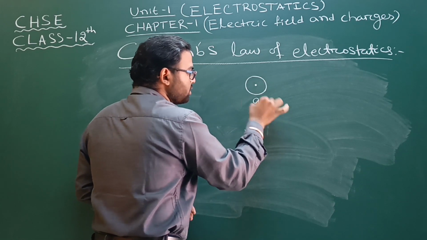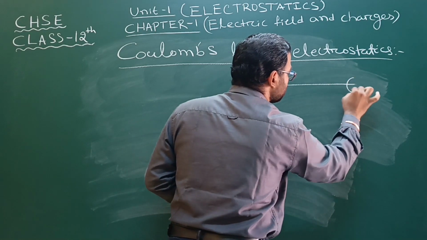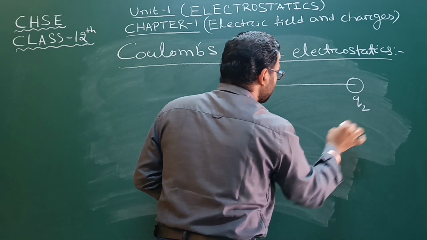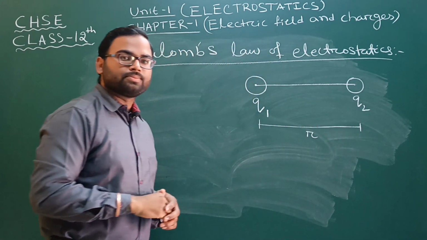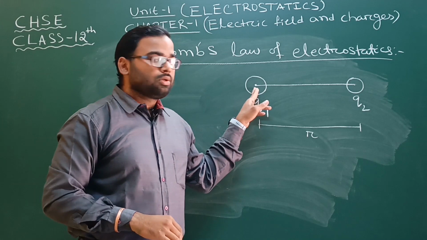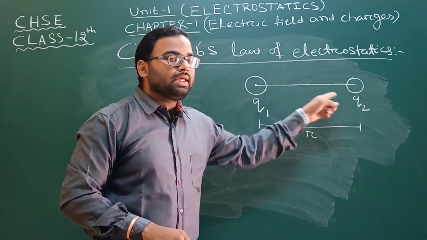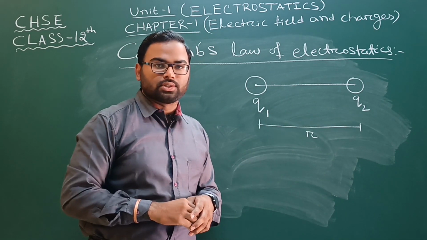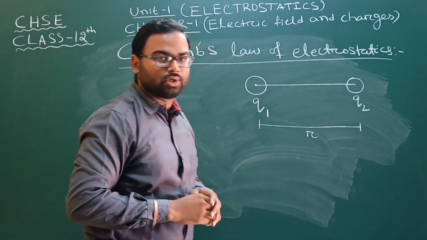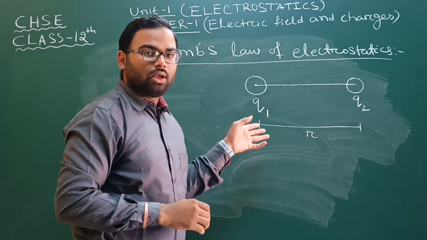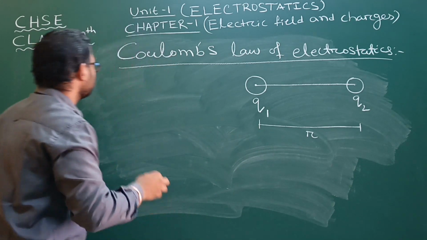Let's say there is a charge Q1 and there is another charge Q2 separated by a distance r. The force between these charges will act along the line joining the centers of the charges. So the force will be experienced on this line only. Coulomb has given a law that is called Coulomb's law of electrostatics. So what is the law?